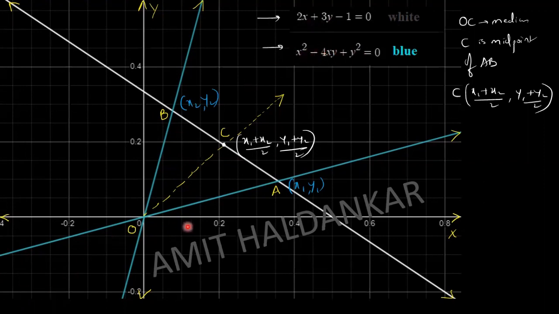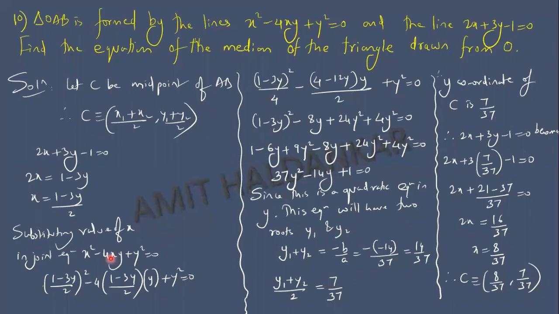And then we get the sum of the roots. The product of roots we can also get, but we require only the sum of the roots. Since these are roots, I can get y1 plus y2 upon 2. So I divide here by 2. I'll get 7 by 37.